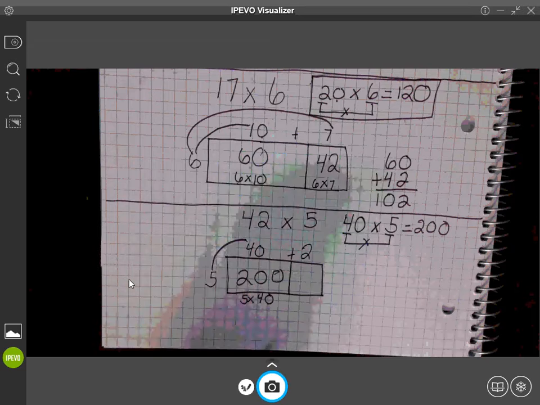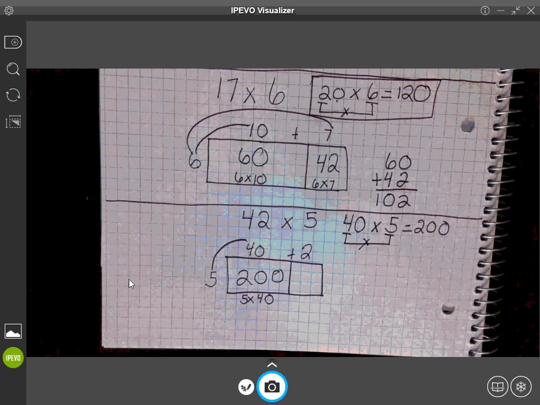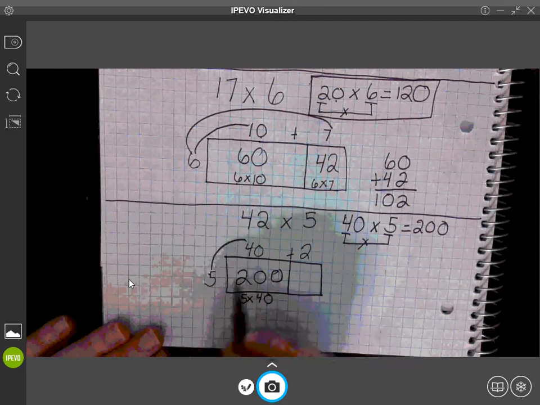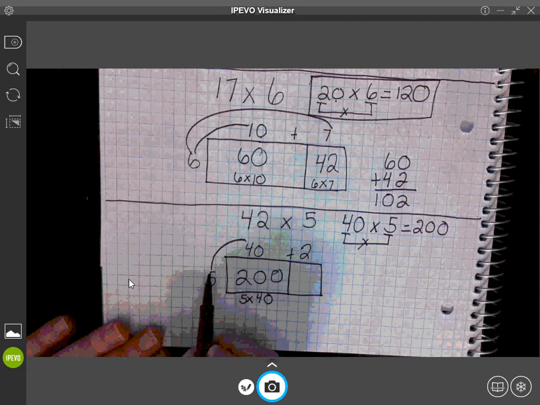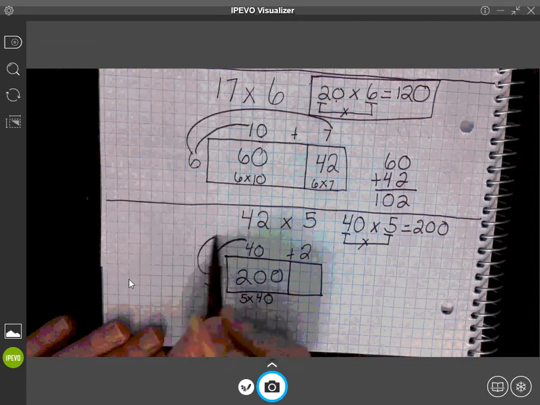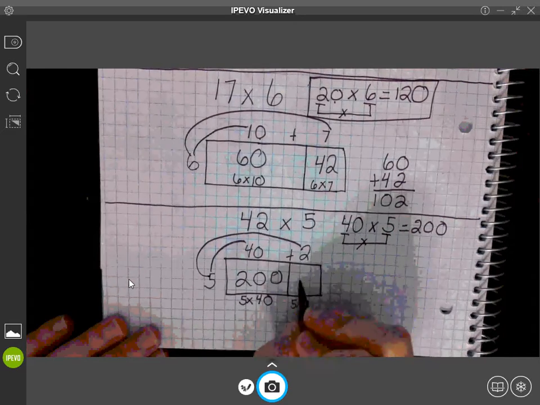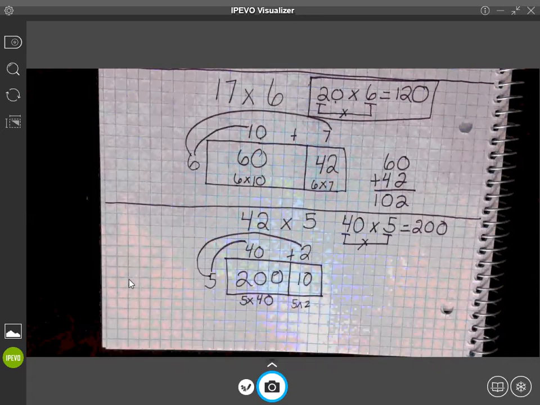Help me with my second box here. What is it? Let's go with Allie. What's the second box there? So how did you get that? I added 5. Very good. Where do I go from here?